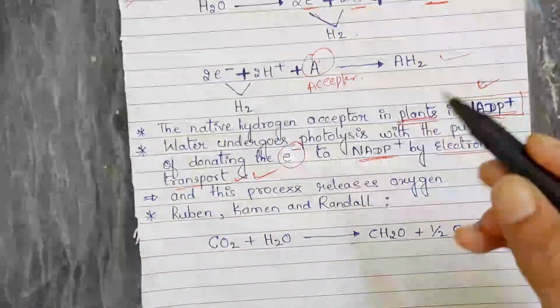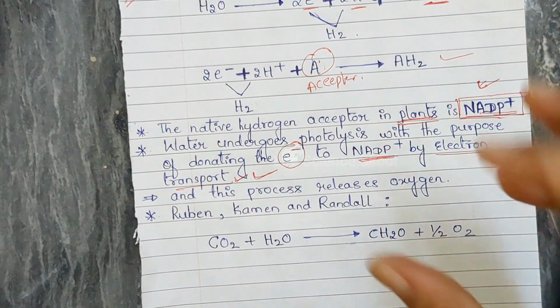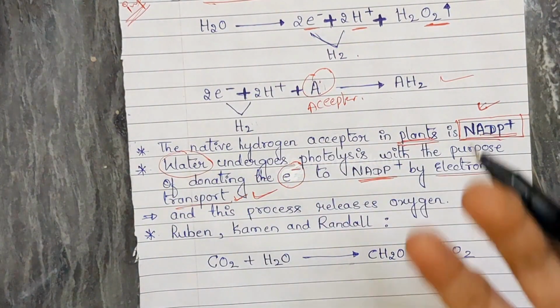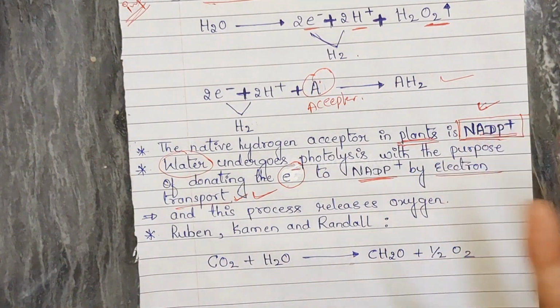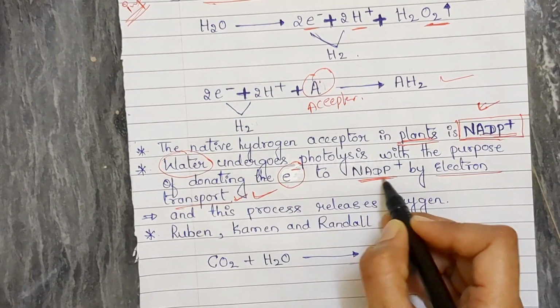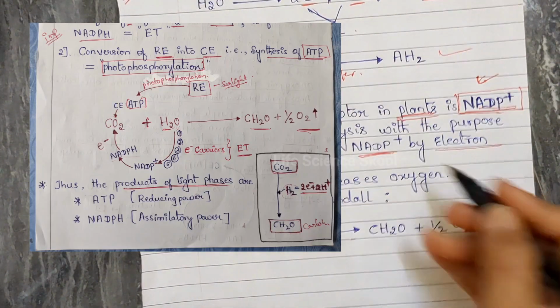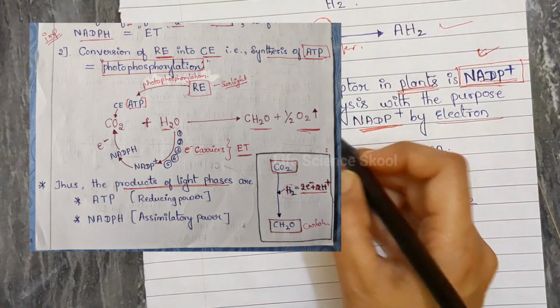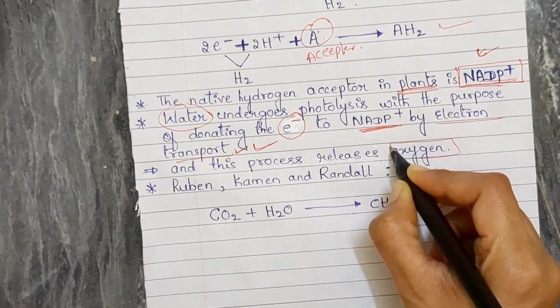So where do we get those electrons? From water. Water splits into electrons, protons and oxygen in the presence of sunlight. Those electrons are carried by the electron carriers to NADP plus, and this process releases the oxygen.